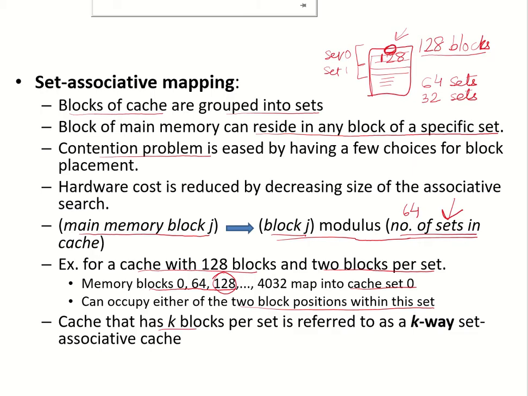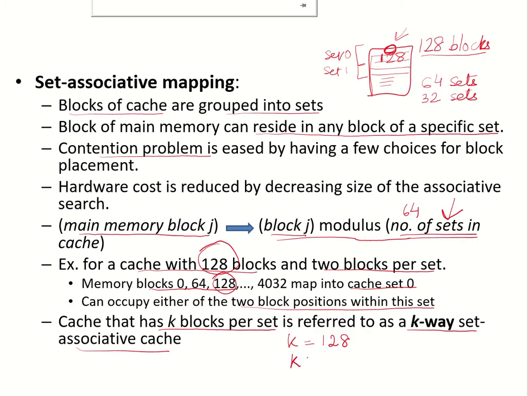A cache that has k blocks per set is referred to as a k-way set associative cache. Suppose the number of blocks in the cache is 128 and k is equal to 128, that means all the 128 blocks are in one set. This becomes a fully associative mapping, where any main memory block can be placed in any cache block.